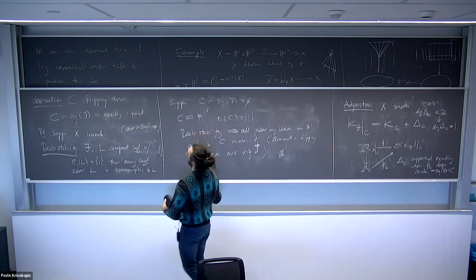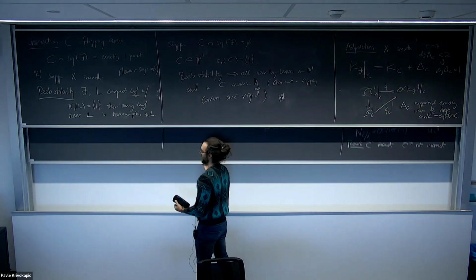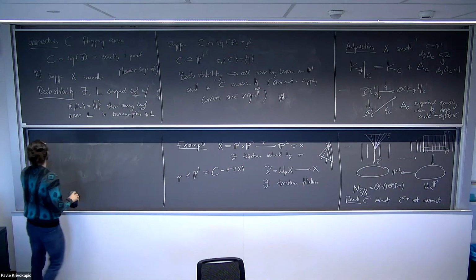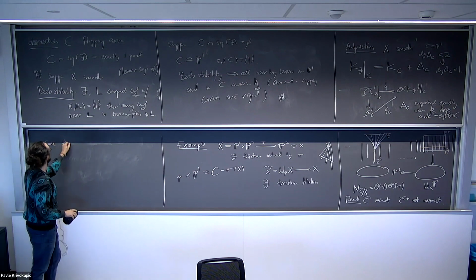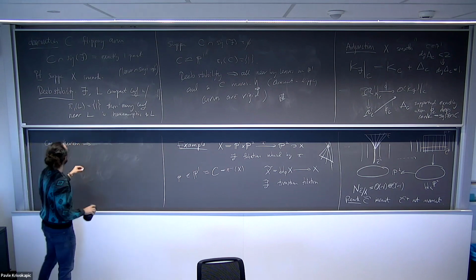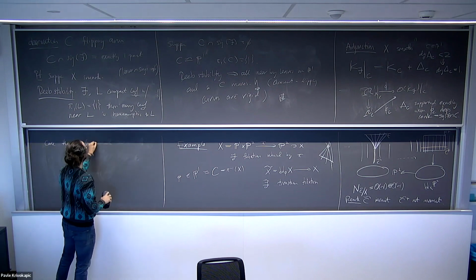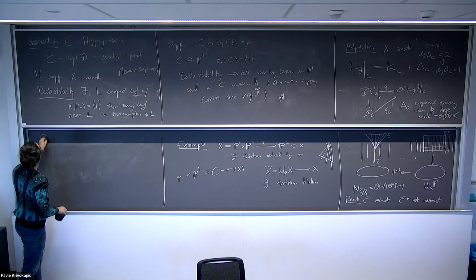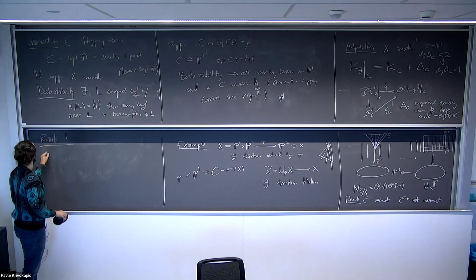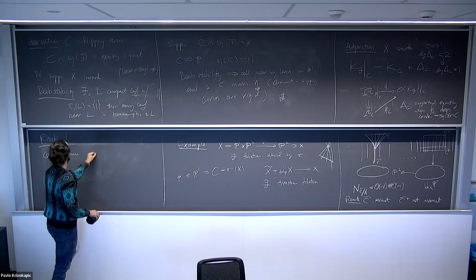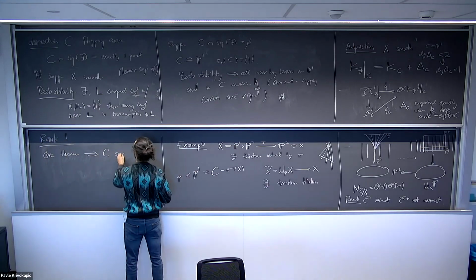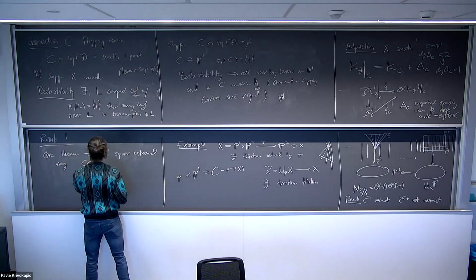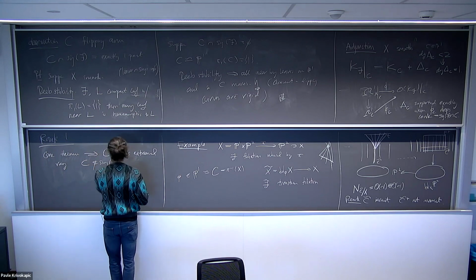So the fake answer is that the cone theorem, I guess the cone theorem for rank 1 foliations, implies that if C spans an extremal ray, then C is not contained in the singular locus of the foliation. I want to emphasize that this is a very special feature of rank 1 foliations.